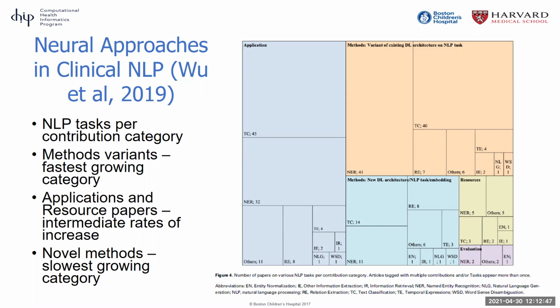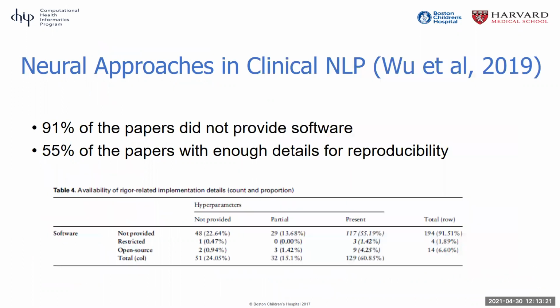So the community as a whole has been embracing the novel neural approaches, playing with them, but not yet developing completely novel methods for the clinical NLP community. And in my opinion, this makes perfect sense because language is language. We should be thinking of developing generalizable NLP methodologies that are modifiable to a given domain.